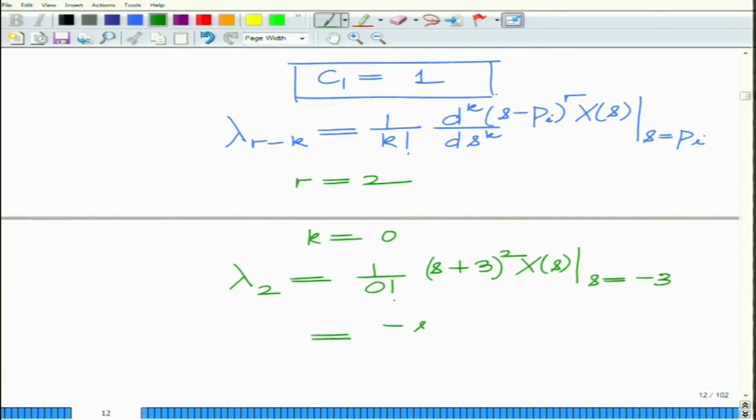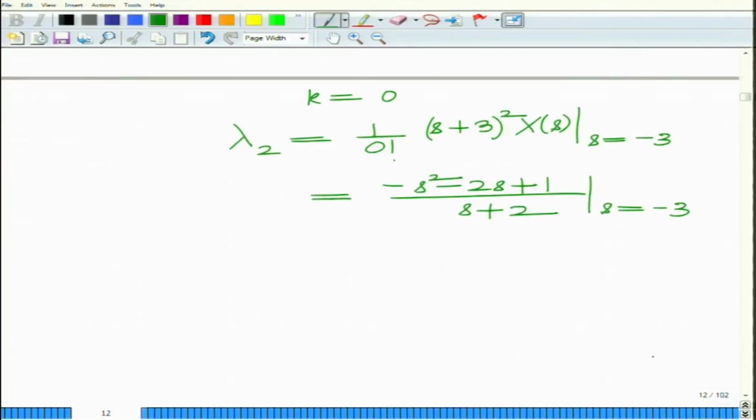So, this is minus s square minus 2s plus 1 divided by s plus 2 evaluated at s equals minus 3, which gives minus 9 plus 6 plus 1 divided by 2 minus 3, that is minus 1.